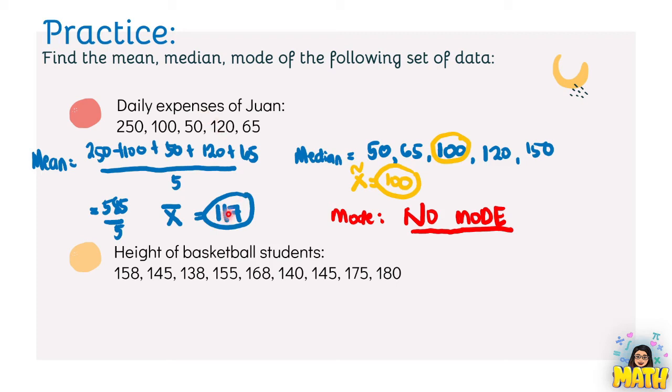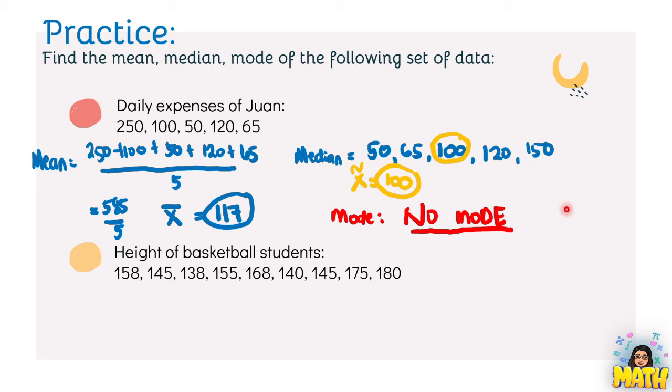For the median, we simply arrange the values from smallest to highest value, and the middle score is 100, which represents the median. And for the mode, we indicate here that there is no mode since all of the expenses just appeared once, and no expense or no amount occurred more than the other.